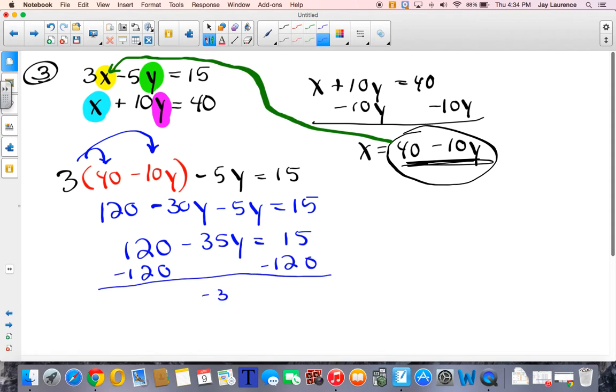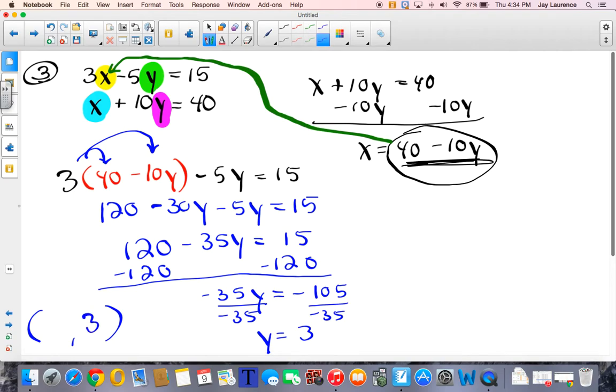Get a negative 35y equal to negative 105. Divide both sides by negative 35. And y is going to equal 3. Yeah, 105 divided by 35 is 3. Okay, so now I know the y coordinate. I know the answer is going to be something, 3.